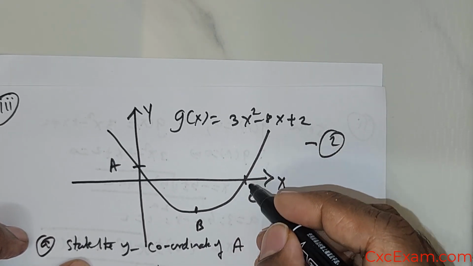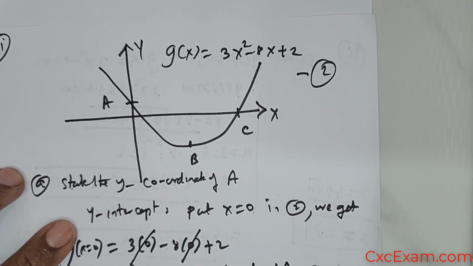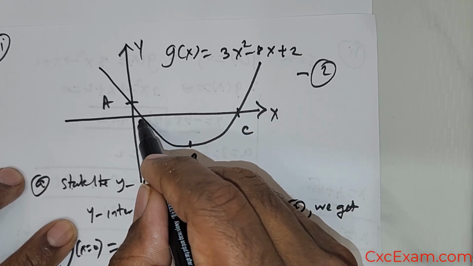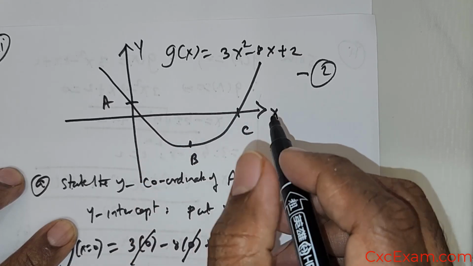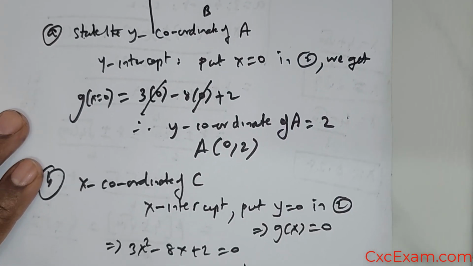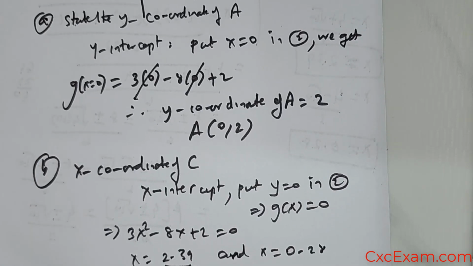Because we have one intersection at the point C over here, and of course there is another intersection occurring over here. So definitely the x coordinate of C is going to be the higher value, 2.39, because from the graph you can clearly see that there are two intersections.